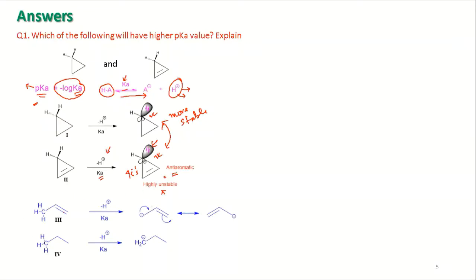If you just look at 2 more compounds, this is the simple aliphatic chain. This is the allyl one. Between these 2, you have the negative charge, okay? And that is being stabilized by resonance. But here you have no chance.